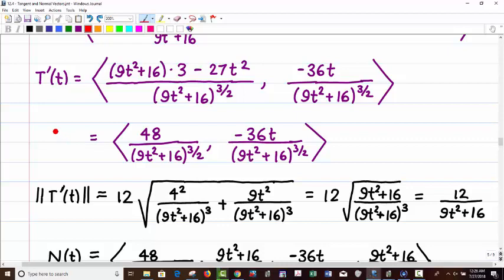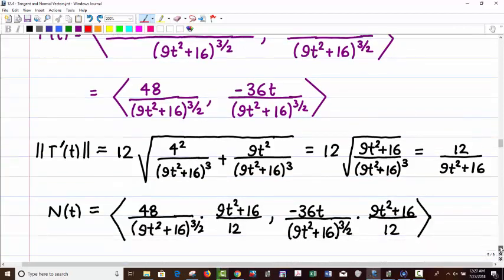So let me just look at this real quick. If I put 1 in here, what's the bottom? It's going to be 25 to the 3/2, which is the square root of 25, which is 5 cubed, makes it 125. All right, I'm using a mouse pad to do this instead of a pen, so this is going to be kind of messy.